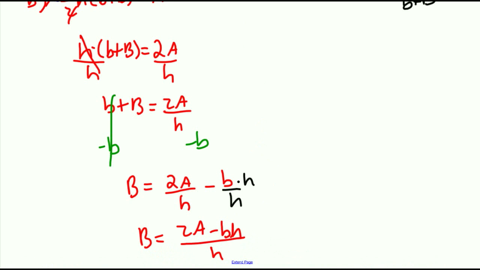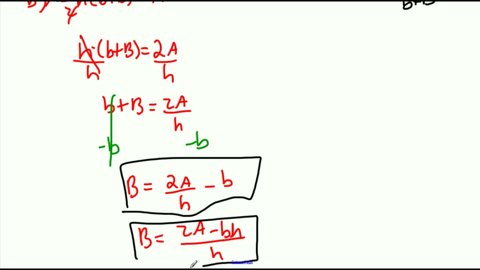So both of these answers are equivalent. There is no difference between the two. The only difference is that this one is written as one rational expression. Here we have a rational expression minus some variable right there.